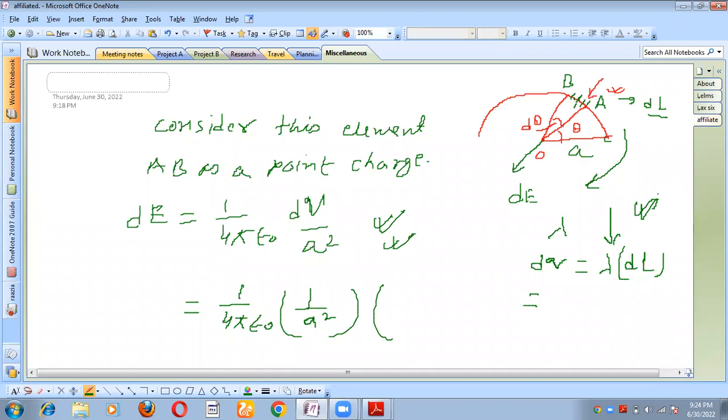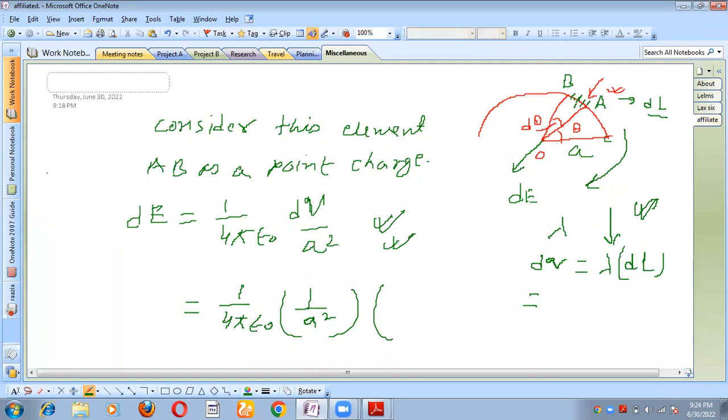And what will be dl, the length of this elementary portion AB? Anyone? How we will find dl, length of this arc? dl is also a small portion of a circle.